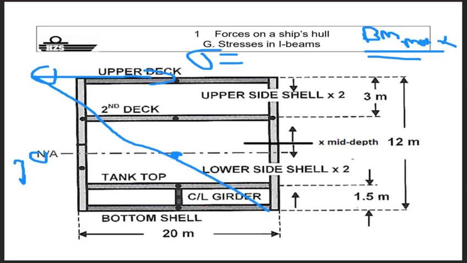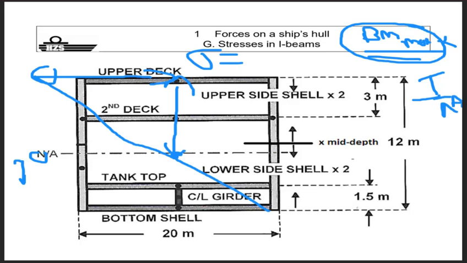The bending moment multiplied by the respective distance y, divided by I, the resistance against bending of the entire structure around the neutral axis. That's what you need to calculate to find your maximum stresses at this point.